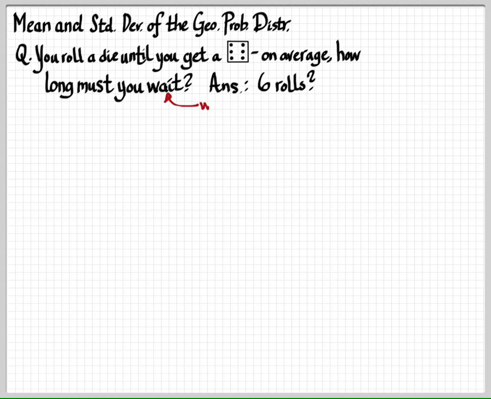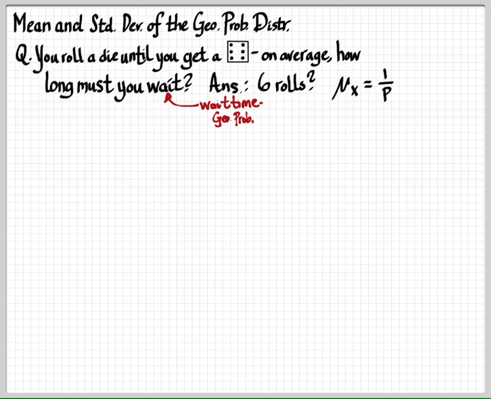Your intuition is correct. So what I want to do is use my geometric probability distribution to prove this general formula that the mean wait time is 1 over p, 1 over the probability of success, or the reciprocal of the probability of success. That's what we were saying here. There's a 1 in 6 chance of getting a 6, so on average it would take 6 rolls.